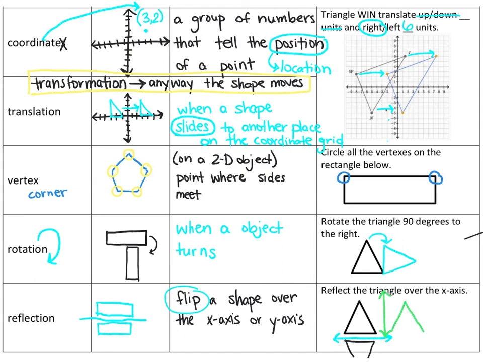I flip it over the y-axis, and now this side is right here, and I've just flipped it over like you flip a pancake. So our x-axis example is down here, and the green one, this is the y-axis.